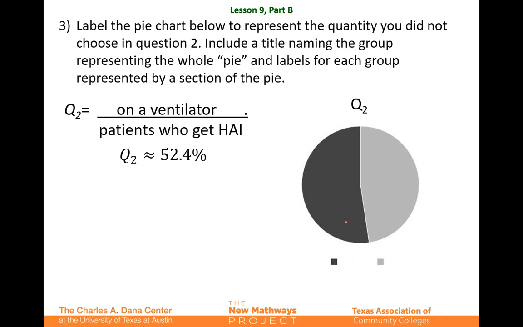So this dark half is patients with an infection. And of course, the light gray is the patients without. Both of these were ventilator patients.